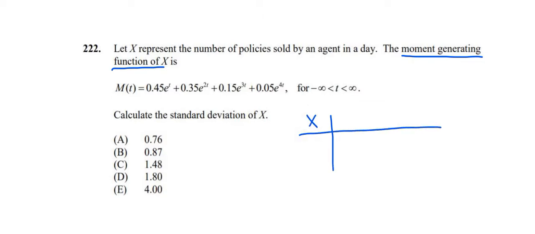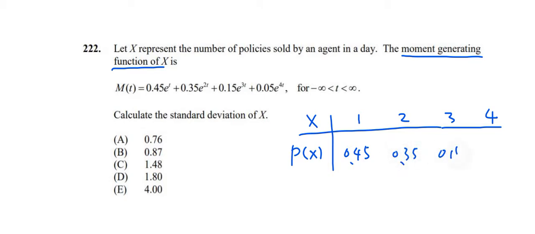X can be 1, 2, 3, or 4, and the probabilities for taking those values are 0.45, 0.35, 0.15, and 0.05.